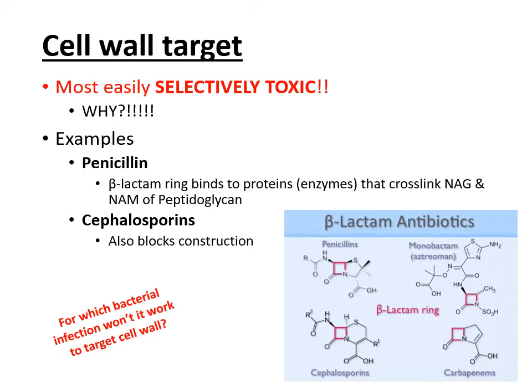The way they do this is, if you look at their chemical structure, they have what's called a beta-lactam ring. Okay, beta-lactam ring. I want you to circle the word beta-lactam ring because that will be important when we talk about resistance. Okay, so basically what they do is they use that ring to then bind to the enzymes that would build peptidoglycan so that those enzymes can't work anymore. No peptidoglycan, no cell wall.